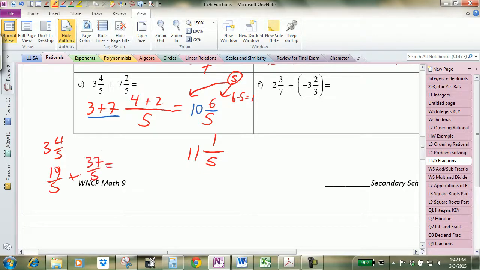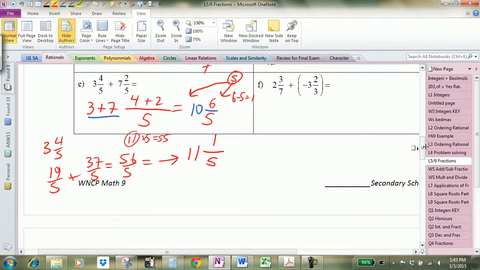So the total is what? 56 over 5. So I can take out 11 groups of 5, which equals 55. So I can take out 11 groups, and then I'd have 1 remaining. So it totally works. When you're adding, maybe not, but when you're subtracting, I always do it.